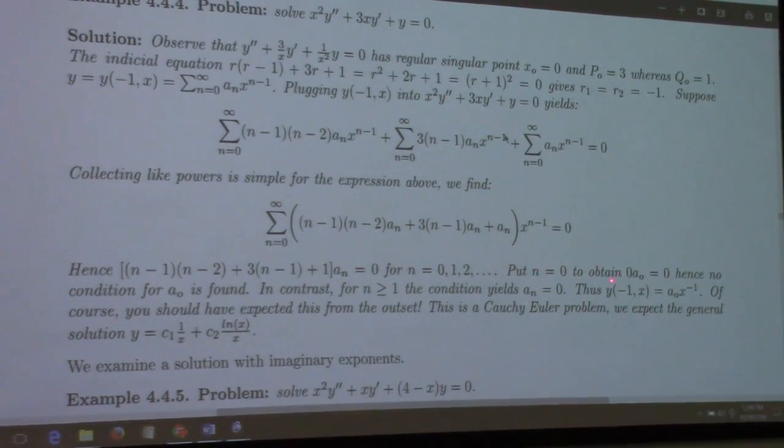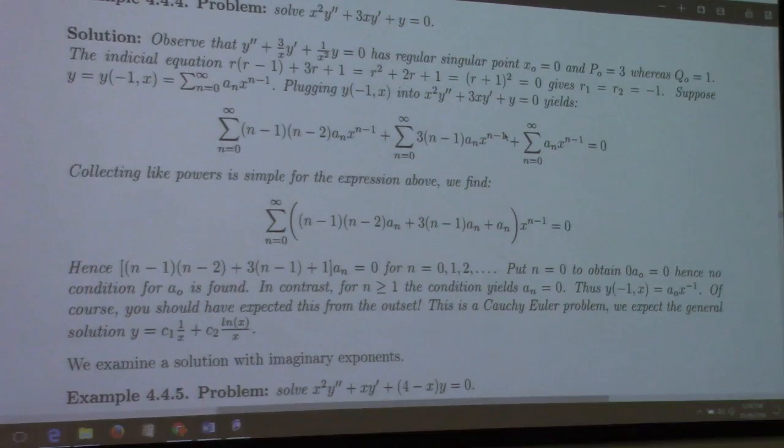If you put n equals 0, you get 0 times a naught equal to 0. So, in other words, not especially surprising, this is saying that if you use the index, the initial equation is solved. Okay, no surprise. But no condition for a sub naught is found. If n is greater than or equal to 1, this is non-zero. Like, for example, if I put in n equals 1, what does this give me?